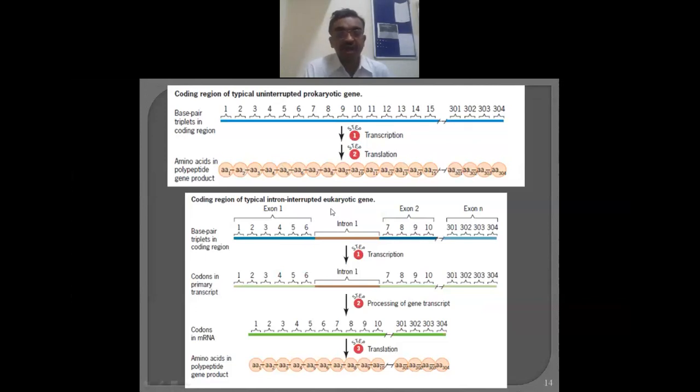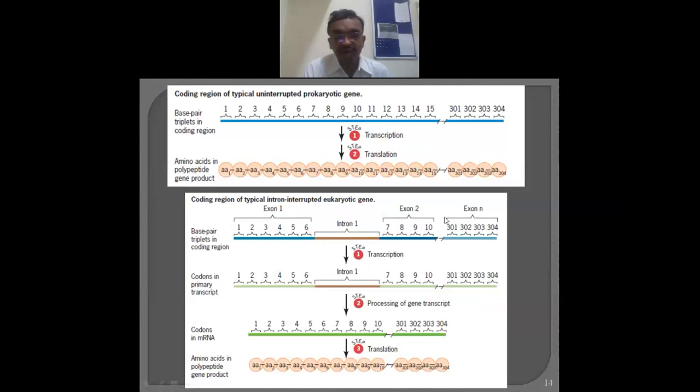But in a eukaryotic system, what happens? A gene is not continuous like in a prokaryotic system. There are exons and introns. Then introns are removed. We already clarified this concept: due to the RNA itself, splicing occurs, and introns get removed. In that way, all these codons are connected because the unnecessary part is removed.